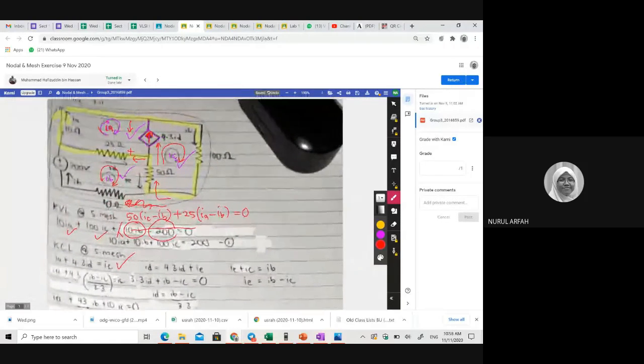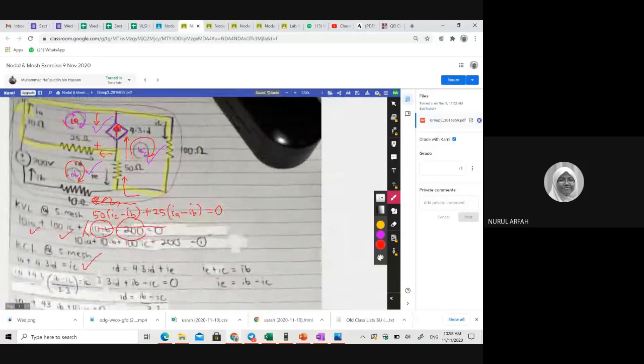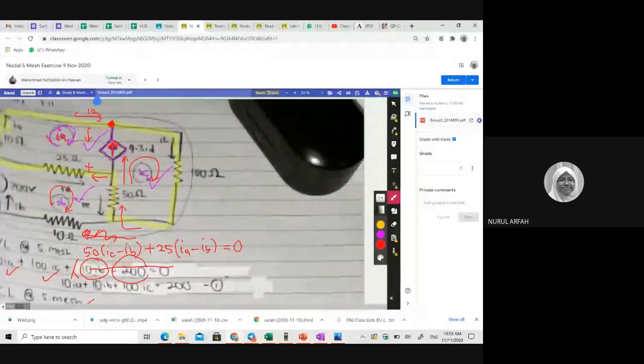Or if you don't get what I suggest, maybe you can apply the KCL at this point like Hafiz did here. So this is IA, and this part is your IC, and this is 4.3 ID. So IA plus 4.3 ID equal to IC.